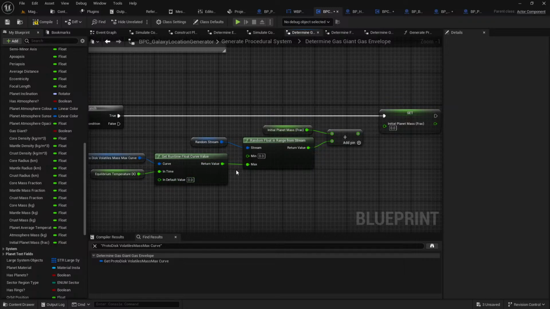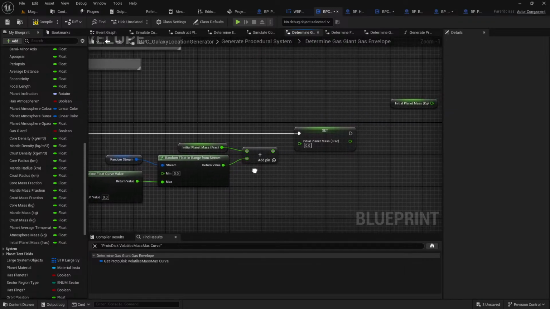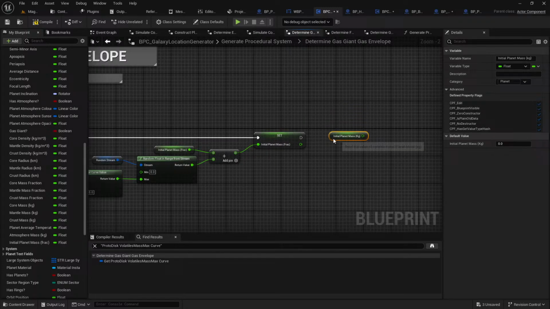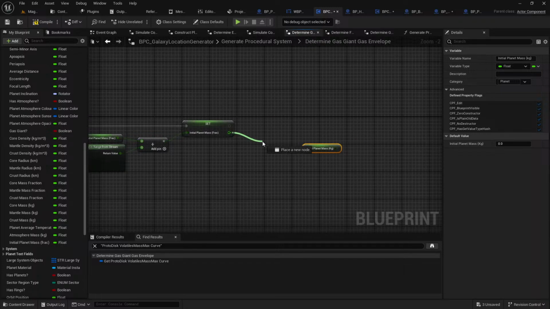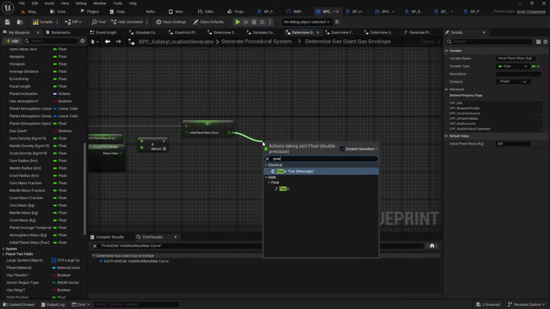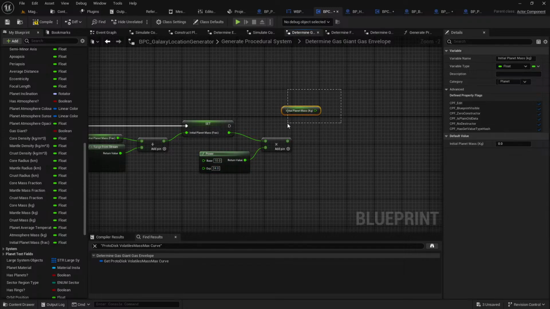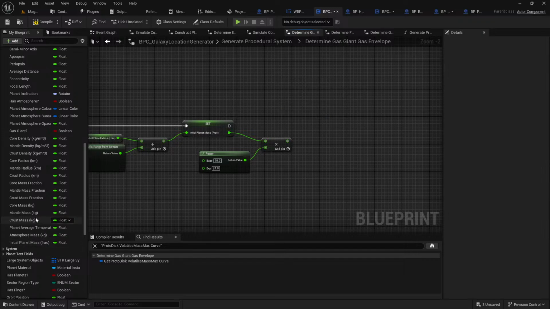So that's now outputting a fraction of Earth masses, and we're adding that onto our planetary core. That gives us our initial mass fraction. Then we need to times that by 10 to the power 24. Yeah, that gives us our initial planet mass.